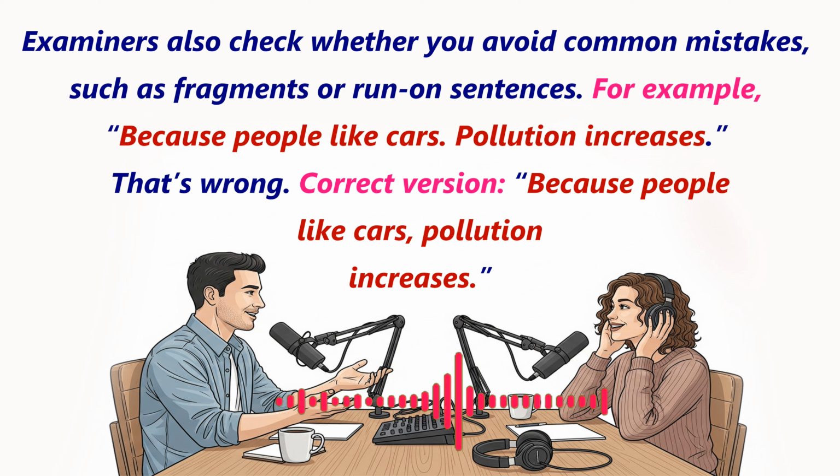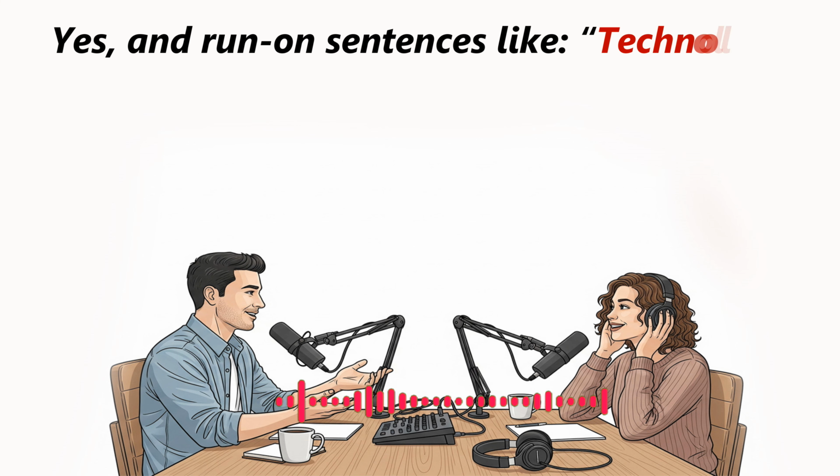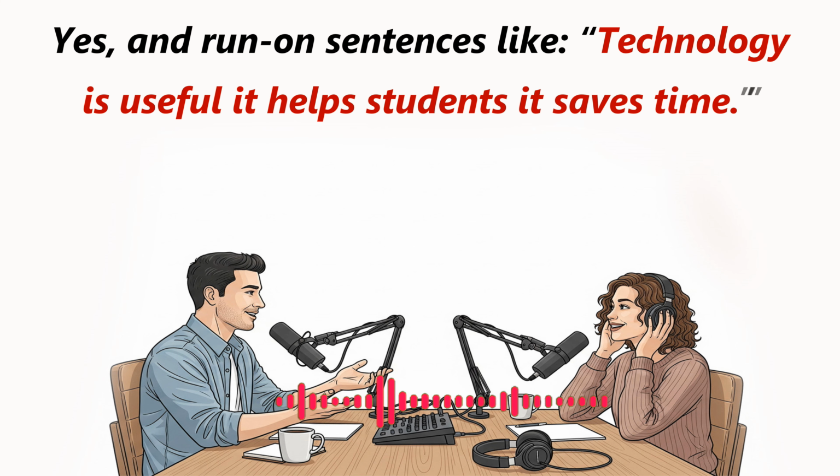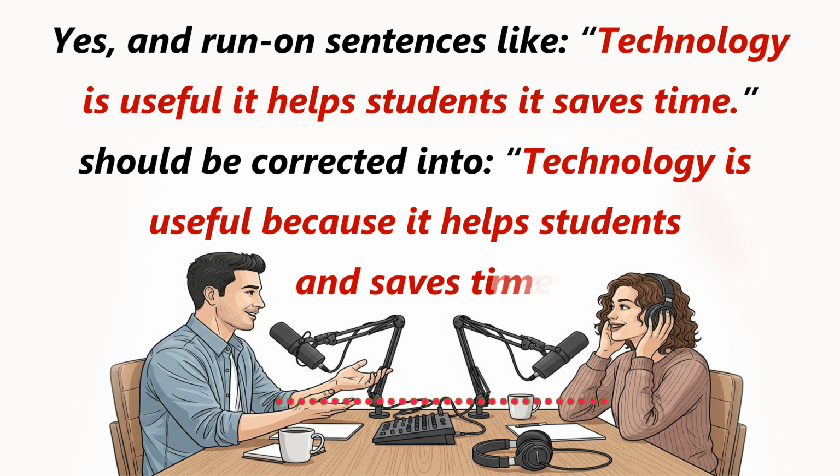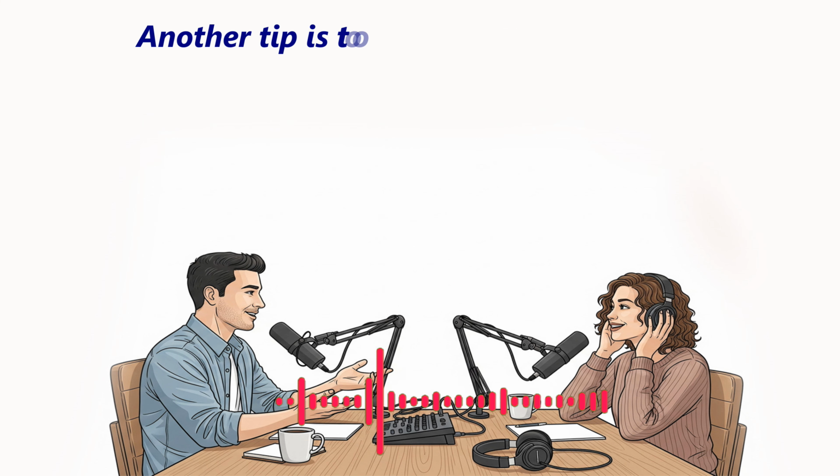That's wrong. Correct version: because people like cars, pollution increases. Yes, and run-on sentences like, technology is useful, it helps students, it saves time, should be corrected into, technology is useful because it helps students and saves time.